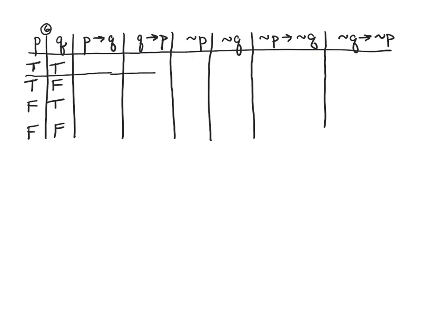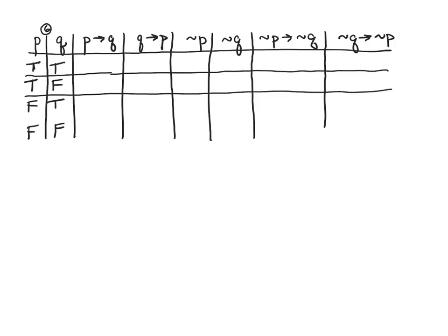And I'm going to draw lines here to make it easier, even though the lines are drawn on your chart there. And the whole idea behind a truth table is to look at the column that could help you get the truth values of the subsequent column. Okay, so take a minute and fill in this truth table and let's see what we get.